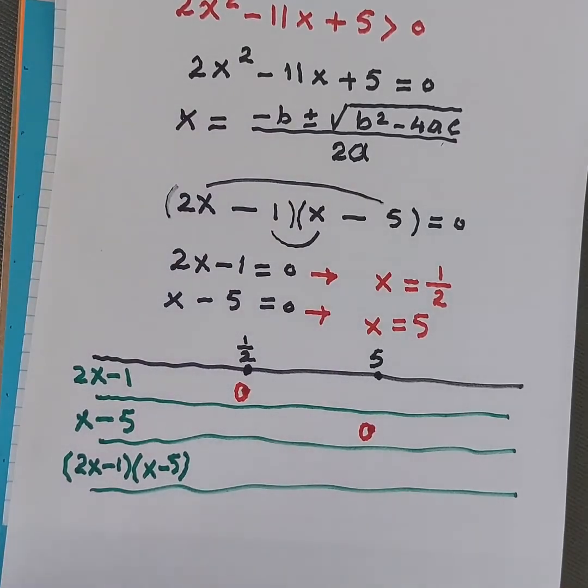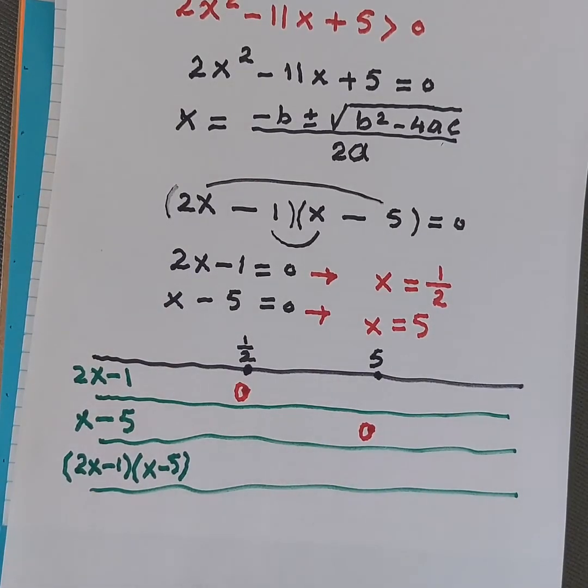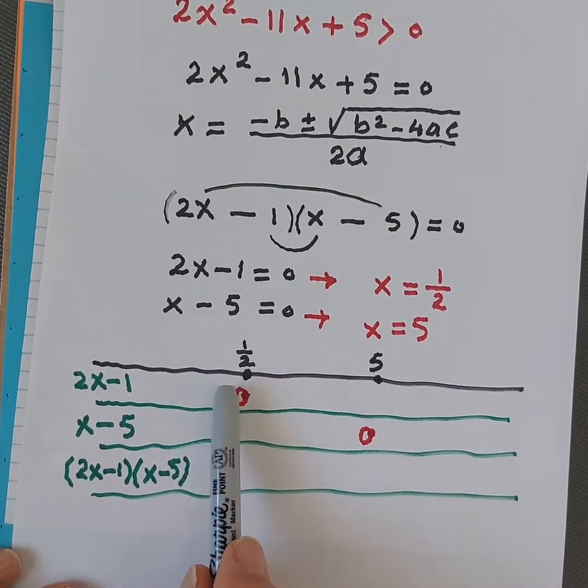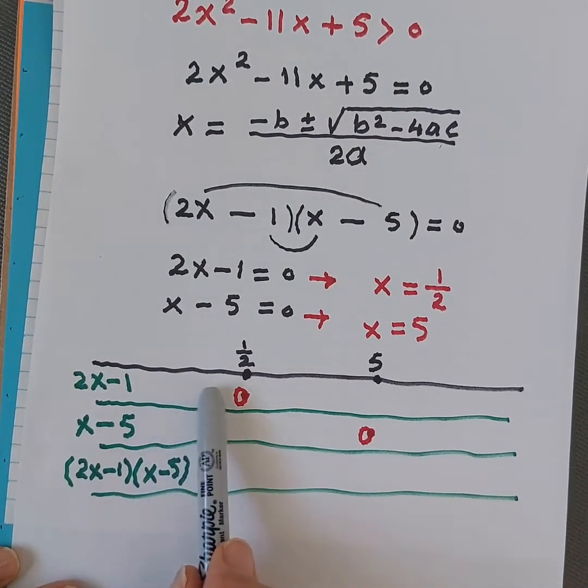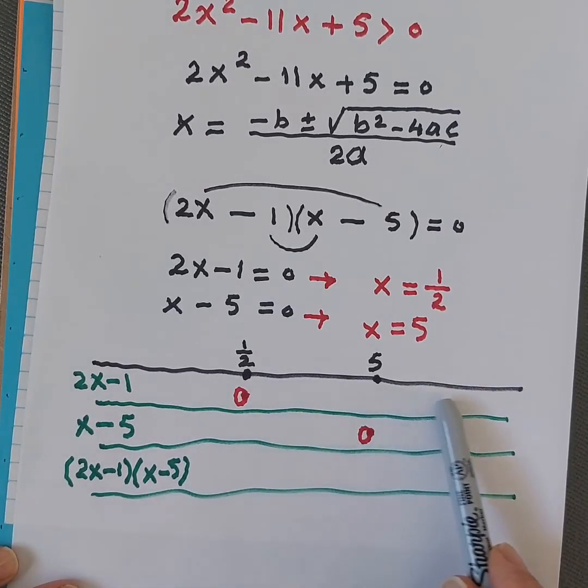Before the 0 there is one sign, and after 0 another sign. Before 0 here will be negative, and after the 0 will be positive, and stay positive all the way.